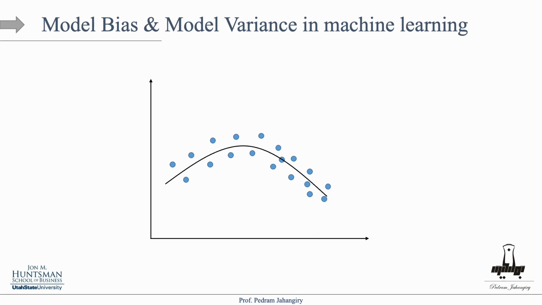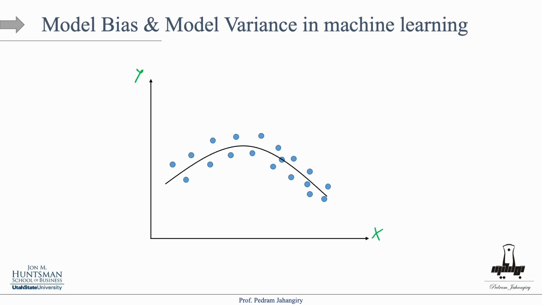Okay, now what are model bias and model variance in machine learning? Remember, when we talk about bias and variance, these are properties of repeated sampling and not just one realization of the data, right? So we have to be careful that we are dealing with repeated sampling, okay? Now let's start with a very simple example. Imagine this is our target variable and this is our only feature in the data set.